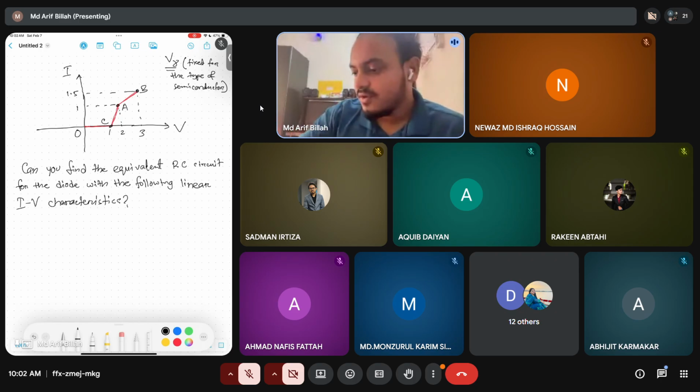Can you try and solve this graph for a diode, a linear graph?